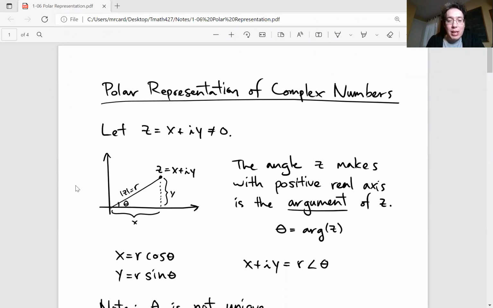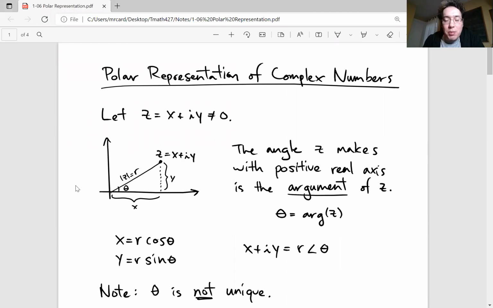So let's say we're looking at a complex number z equals x plus iy. Here, just to avoid the complication, let's say this complex number is not zero. So I'll talk about how to handle the case of zero later.